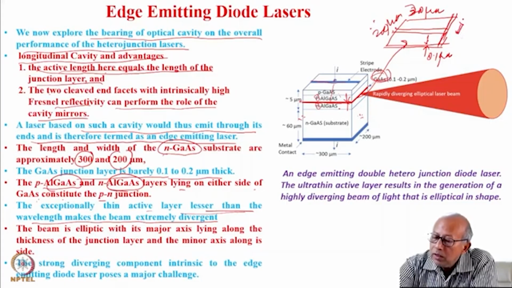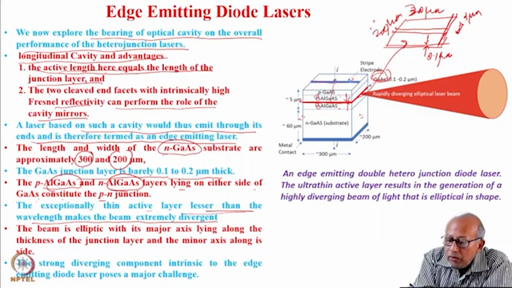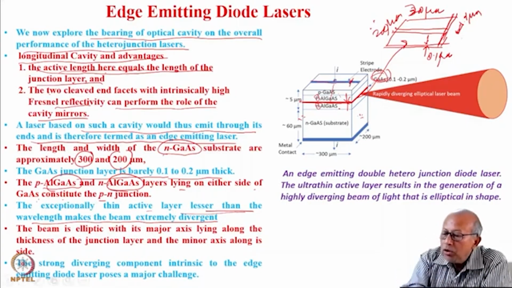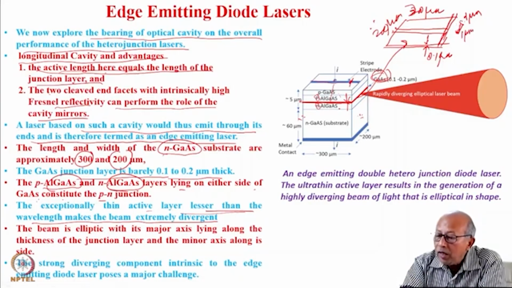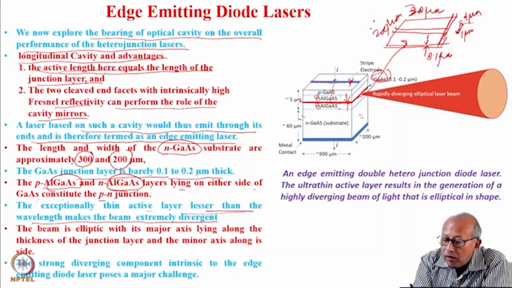So this is the thickness, which is 0.1 micrometer. And this is, of course, the width of this stripe, which may be 1 micron. So this is 0.1 micron, this is 1 micron. The beam emerges through this. This is the beam.